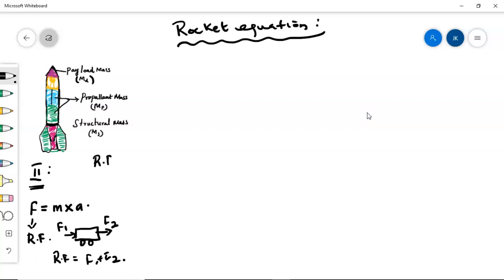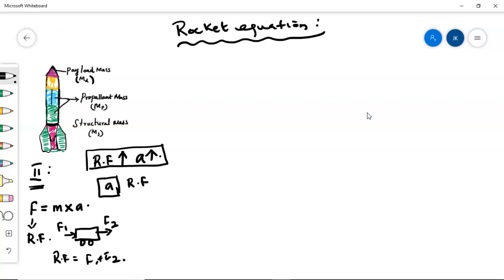The resultant force increases. If the resultant force increases, the object's acceleration also increases. This is one condition. So the acceleration always depends on the resultant force.